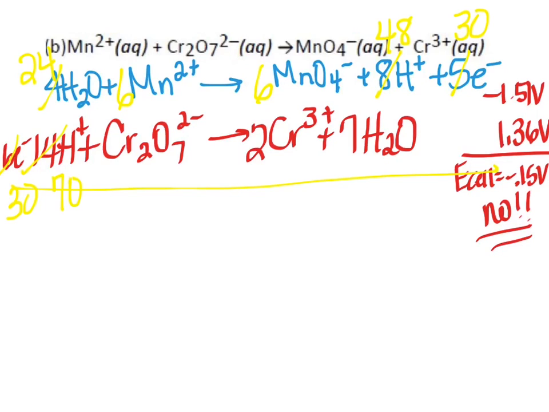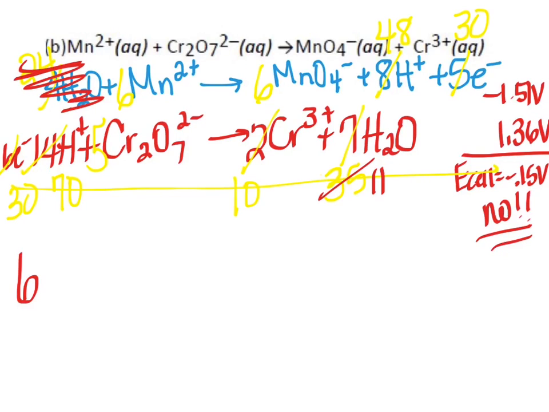So now it becomes 70. Then I have a 5 here, a 10 here, and a 35 there. And then go clean it up. So waters over here go away, and we're left with 11 waters.